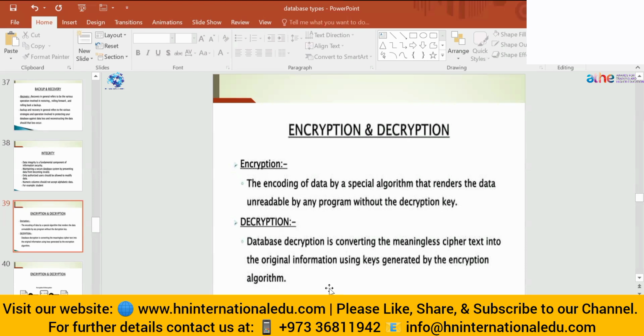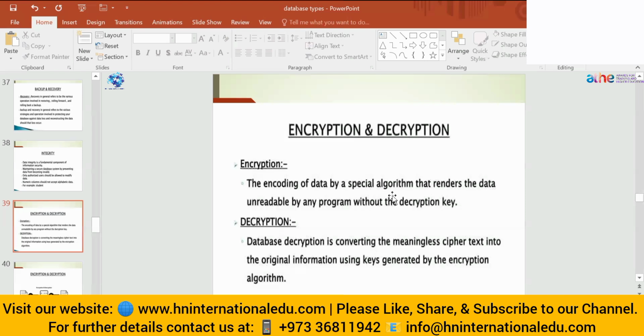I have to encode the data by using some algorithm. During transmission, not the original data but encrypted data will be sent from the sender to the receiver.